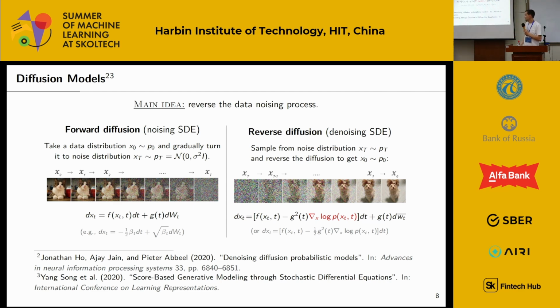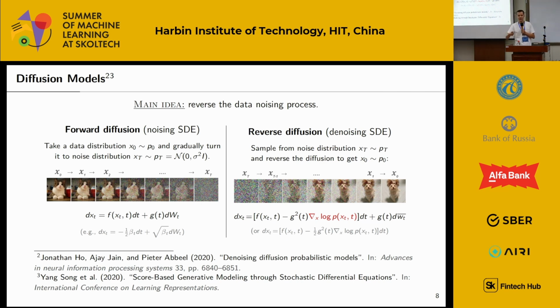Basically this is the so-called forward diffusion, which maps the data distribution to a normal distribution.